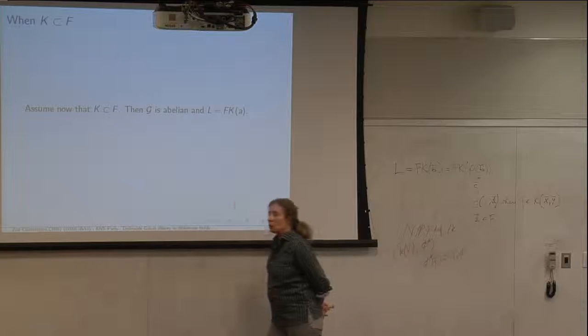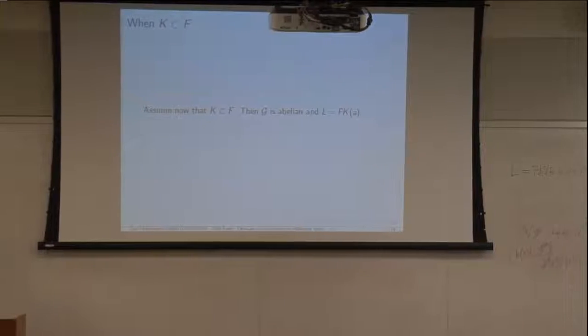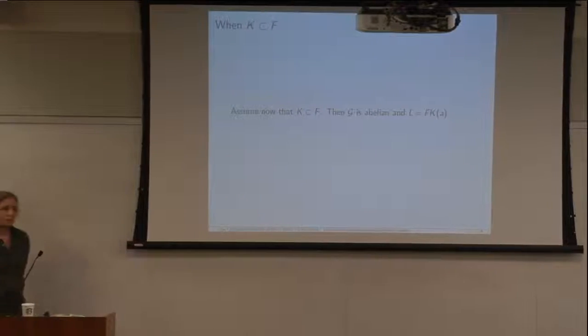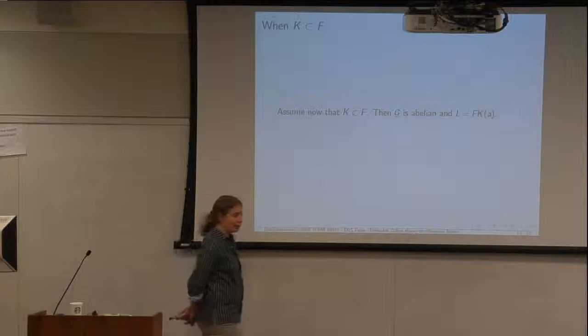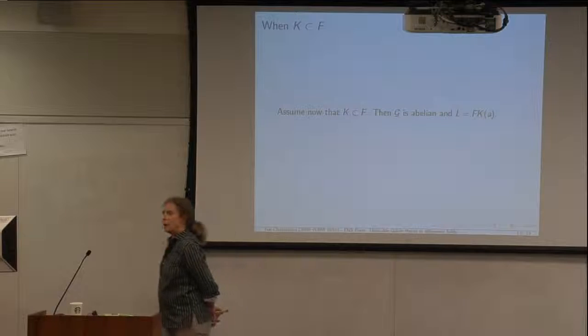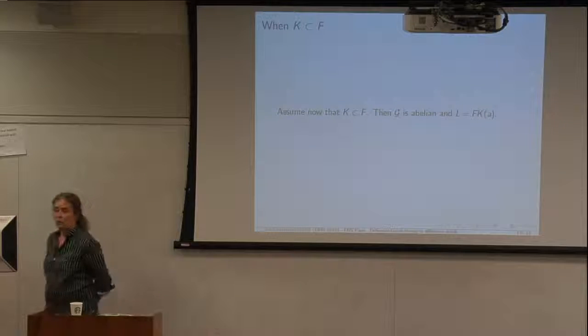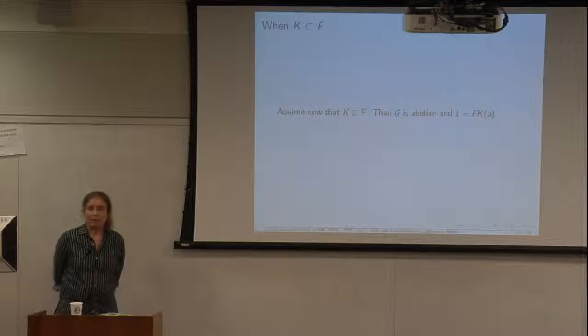Assume now that my K is contained in F. I remind you it's algebraically closed, right? Now, what turns out is that the group G is abelian. It's commutative. It's fairly easy to show, because by definition, the elements of G are things which commute with sigma.